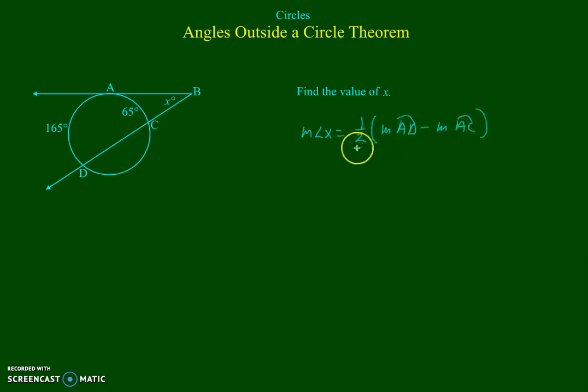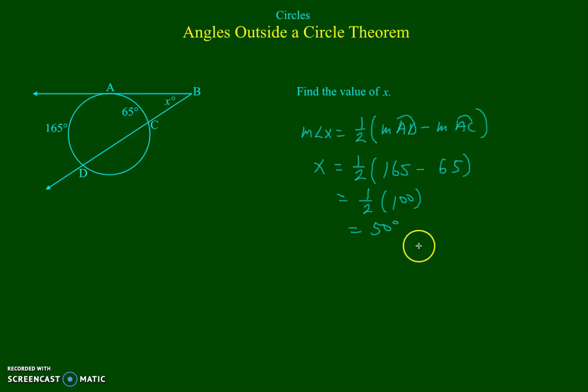Don't have to do this yourself, but I'm just doing it to show you where everything is coming from. So x equals 1/2 of 165 minus 65, which is 1/2 of 100, which is 50 degrees. So a pretty straightforward example, not too terribly difficult.